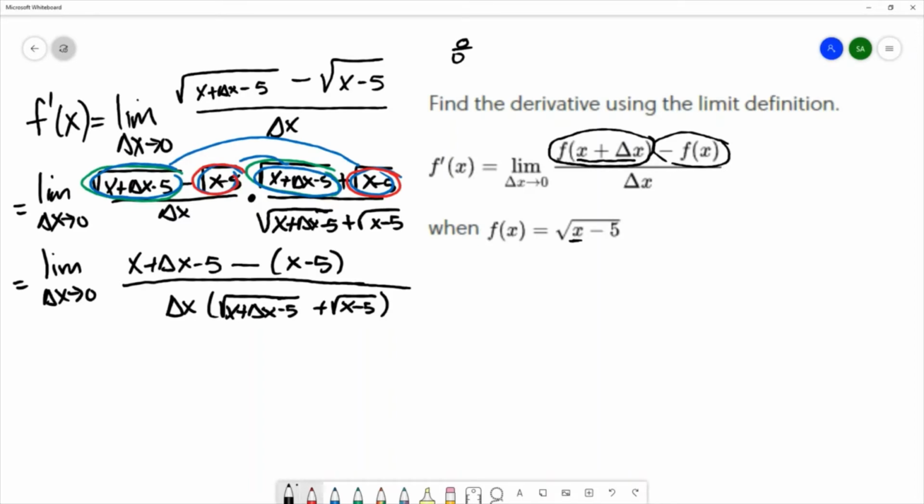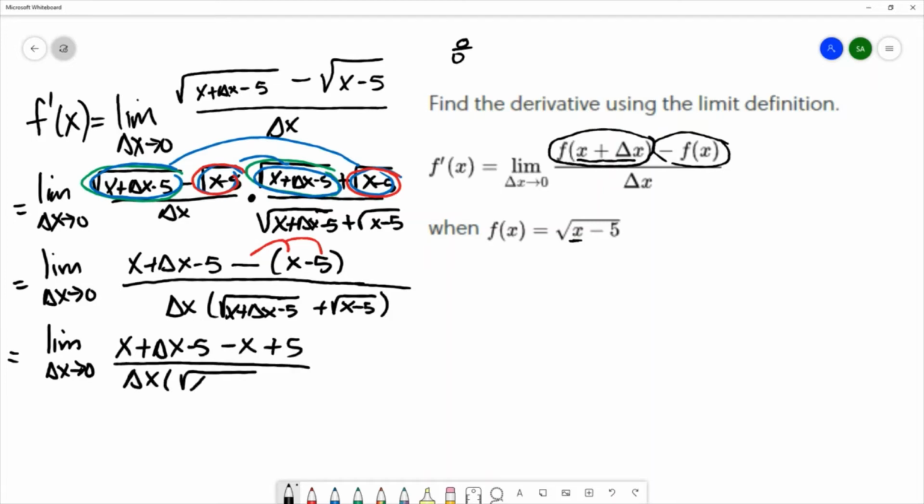So then I'm going to distribute this negative to both those terms to get the limit as delta x approaches 0 of x plus delta x minus 5 minus x plus 5 over delta x times square root x plus delta x minus 5 plus square root x minus 5. And we have some terms canceling out. We have a positive x and a negative x, and a negative 5 and a positive 5.